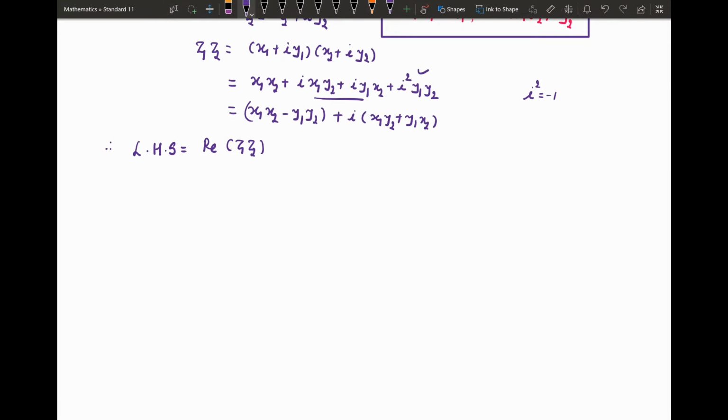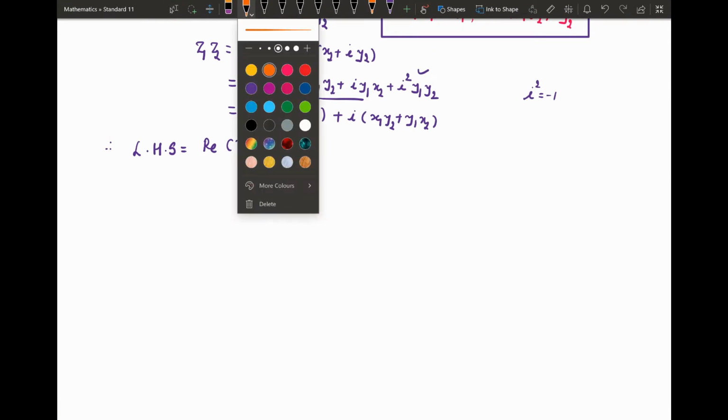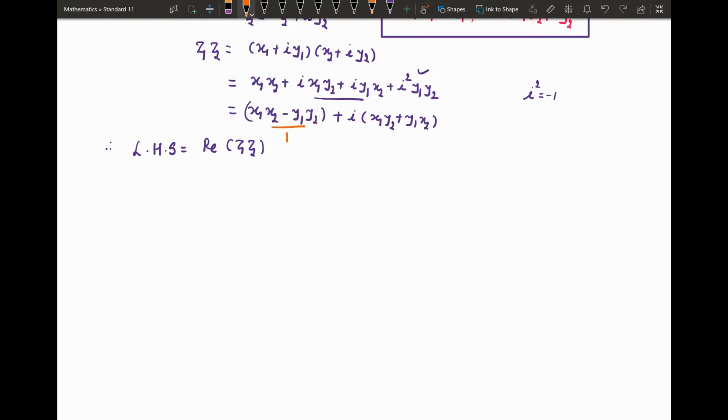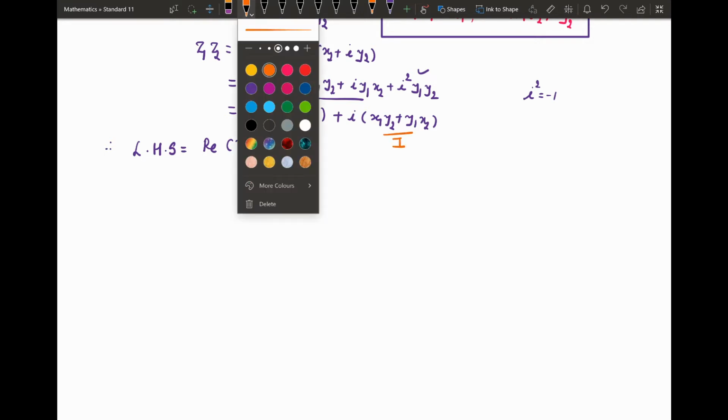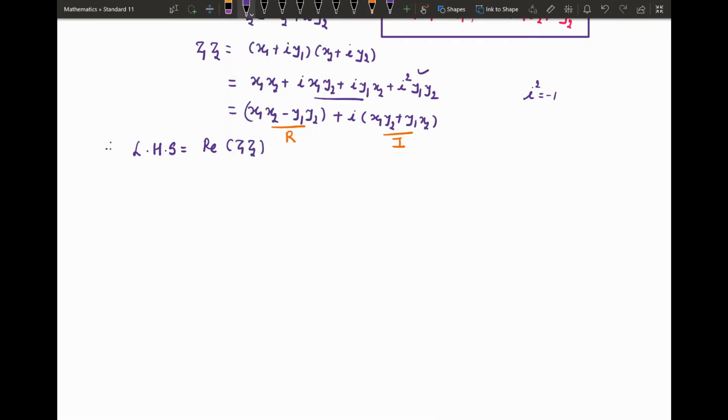So in Z1 into Z2, this is real part, this is imaginary part. So real part is x1 x2 minus y1 y2.